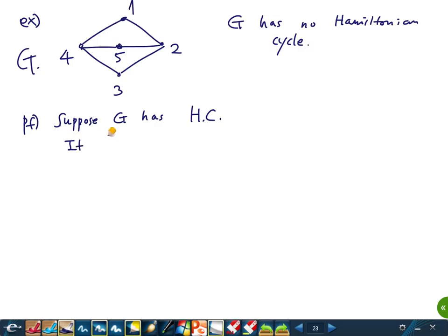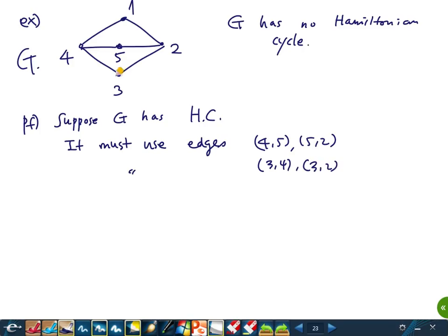It must use the edges 4, 5, and 5, 2, because it must visit 5. Otherwise, you cannot have a Hamiltonian cycle. But similarly, because 3 must be visited, we have to use 3 and 4 and 3 and 2. We have to use this and this because we have to enter and then leave.